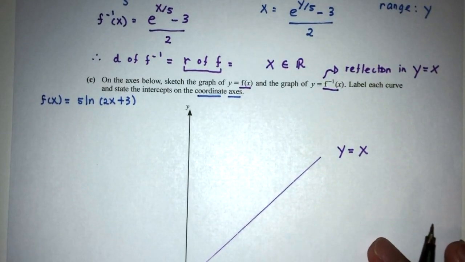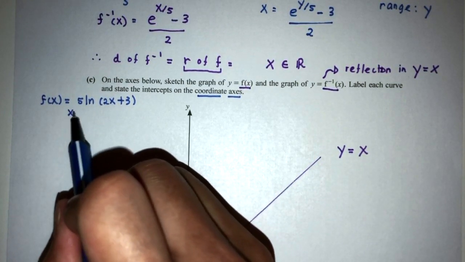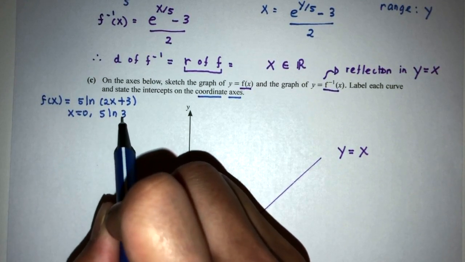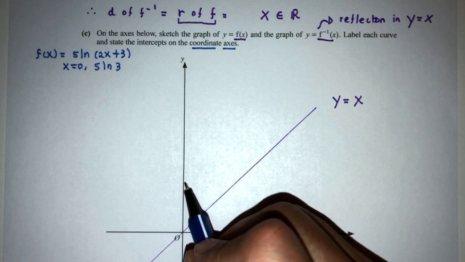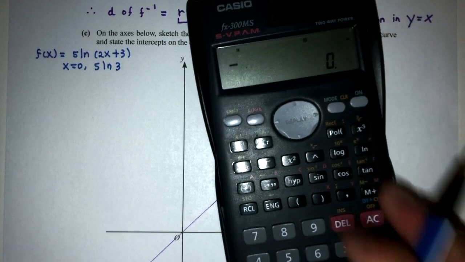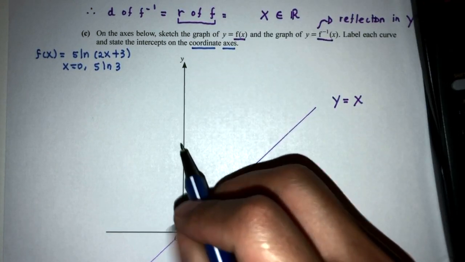Now when x was 0, the value of y was 5 ln of 3. That should be somewhere over here.